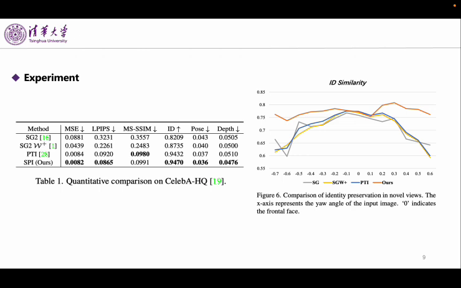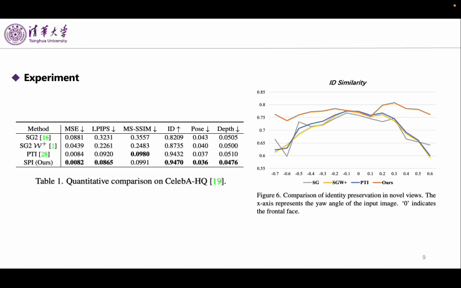Here we present our experiment results. On the left, we show the quantitative comparison on CelebAHQ. We can find that we achieve a higher reconstruction performance on the original view on MSE, LPIPS, ID, pose, and depth. On the right, we show the comparison of identity preservation in novel views.